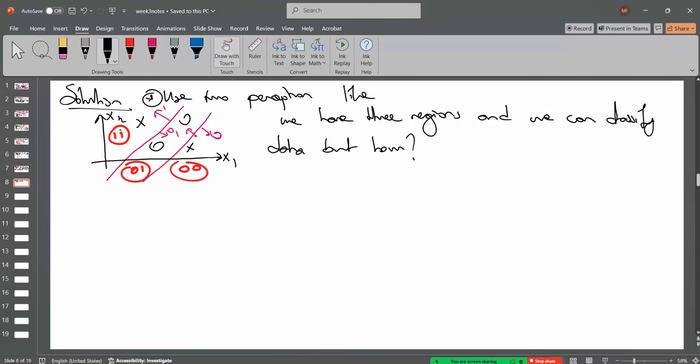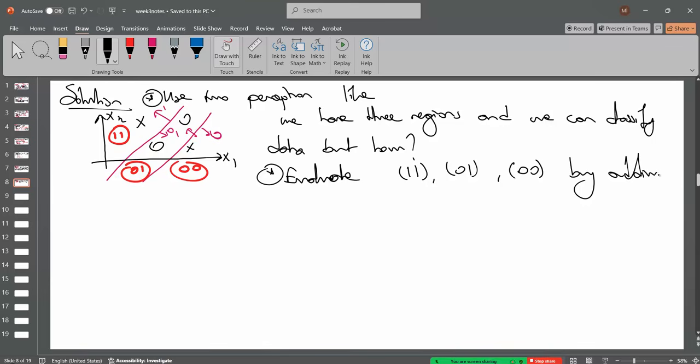So if this is the case, we need to evaluate these regions 1 1, 0 1 and 0 0 by adding another neuron into another layer, which is called the output layer.